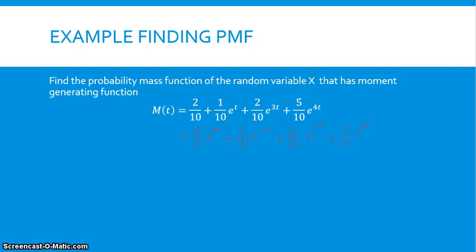Now I am going to circle the support. Those are the coefficients that I'm multiplying by t in the exponential terms here. So we have 0, 1, 3, and 4 that are in the support.